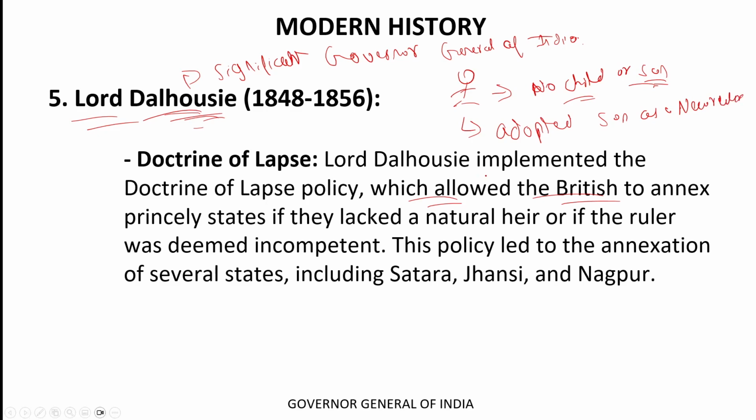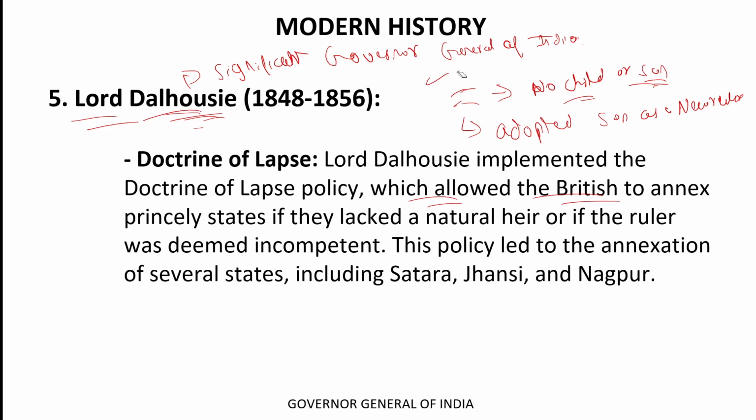In simple terms, if the ruler had no son to be appointed as the new ruler, he could not appoint an adopted son. The heir should be the real child of that ruler. If not, then the empire would fall under the control of the British.